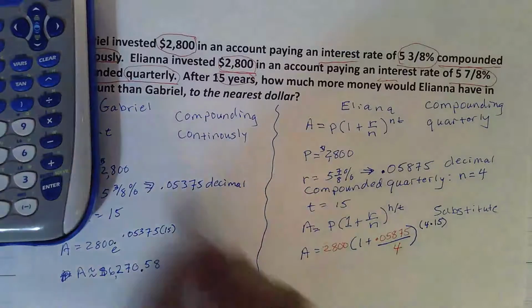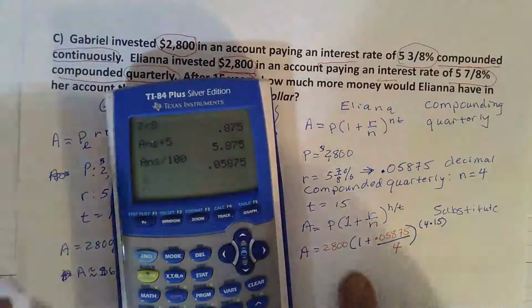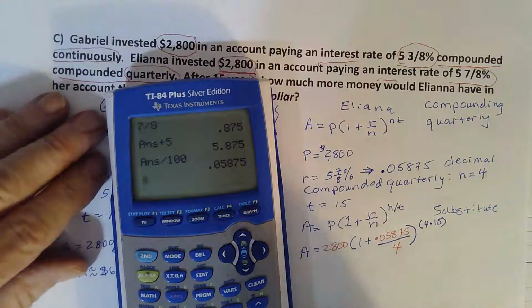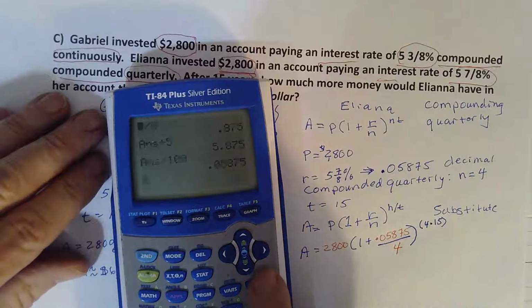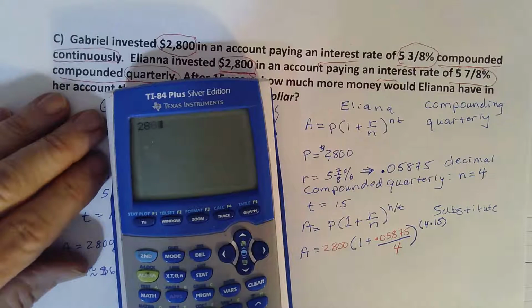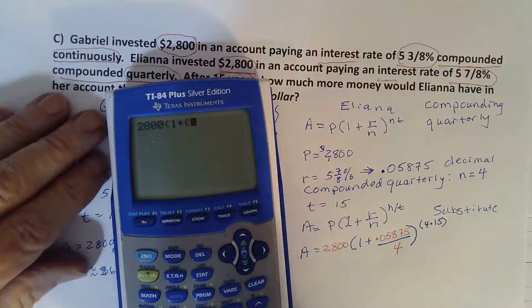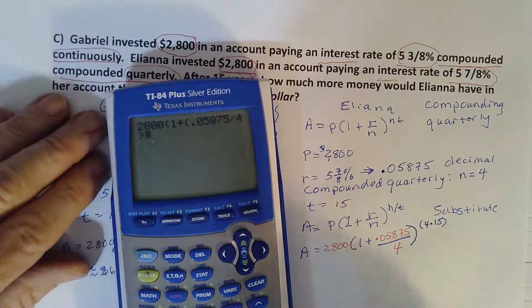All right, so let's go ahead and use our calculator and multiply this all up. So I start out with 2,800. Let's clear this. 2,800 times, 1 plus, and then I'm going to put in parentheses, 0.05875 divided by 4, and then I'm going to close the parentheses.